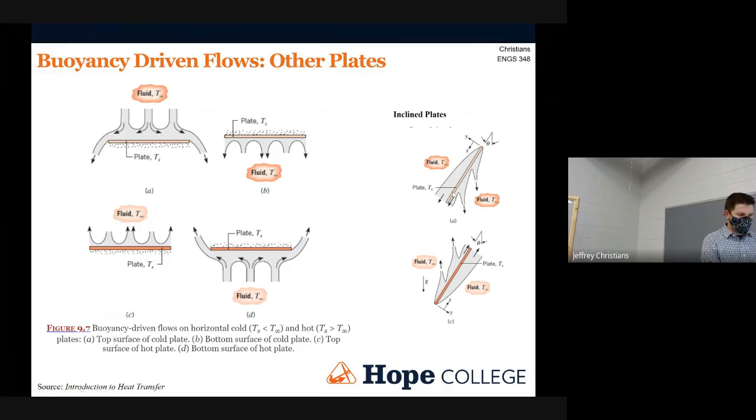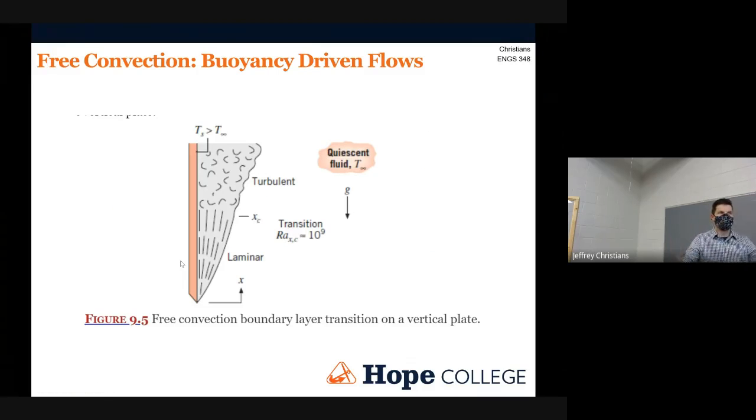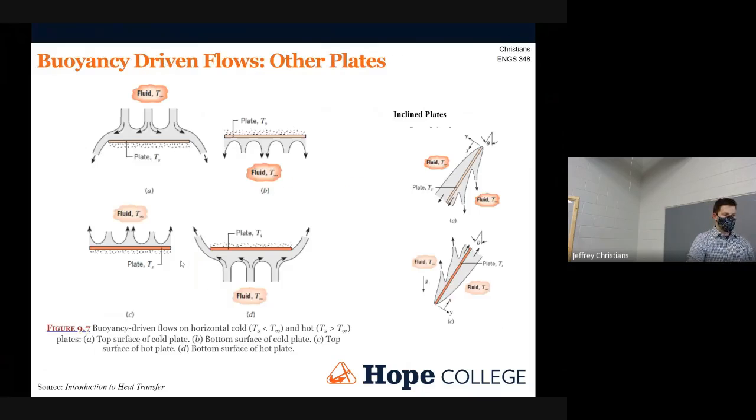For different kinds of plates, we're going to see different flow patterns. They're all going to be buoyancy driven. What we expect to see for the horizontal plate, instead of getting a nice flow up the whole side of it, is that as the fluid gets warm, that little pocket of fluid leaves and then another, a little bit like this guy here.